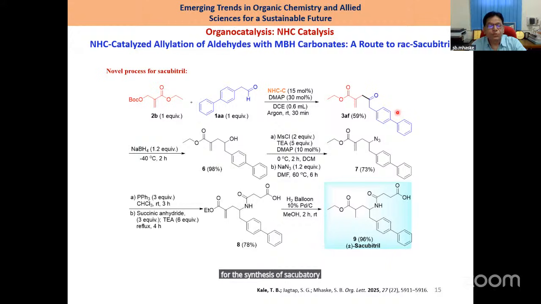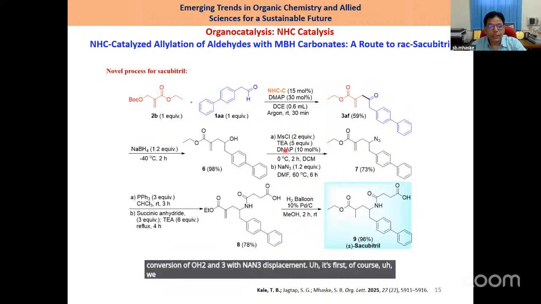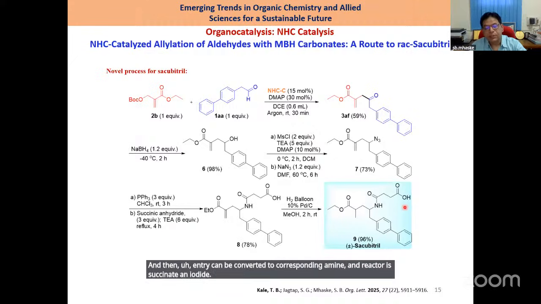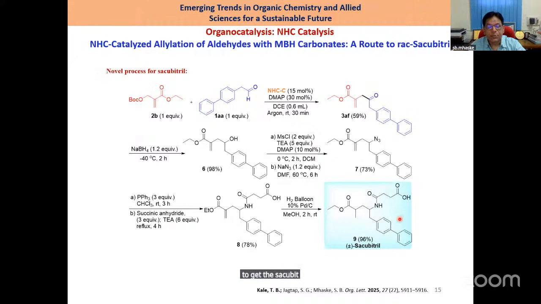Further, we showed that we can do reduction followed by conversion of OH to N3 with NaN3 displacement. First, of course, we need to make it a good leaving group. Then N3 can be converted to the corresponding amine and reacted with succinic anhydride to get sacubitril in 96% yield.